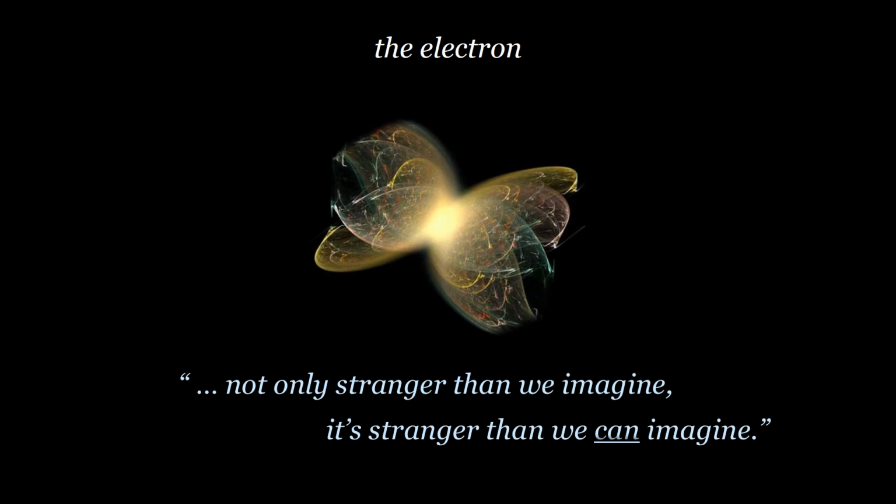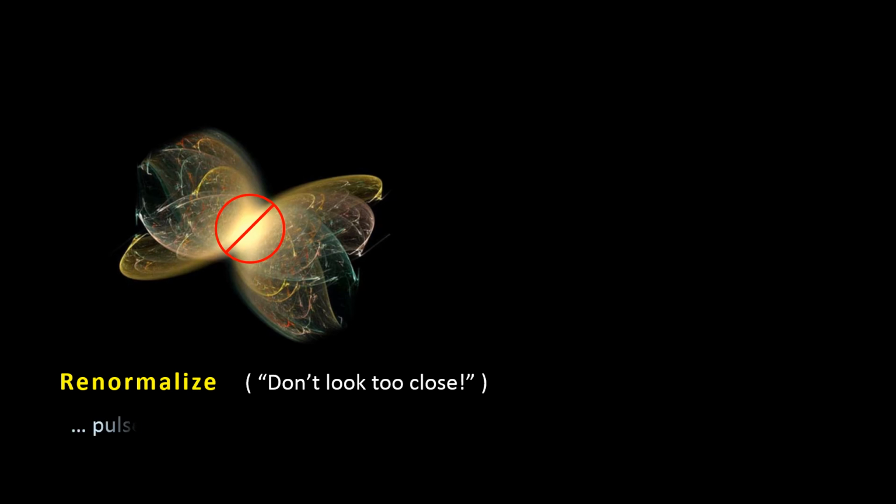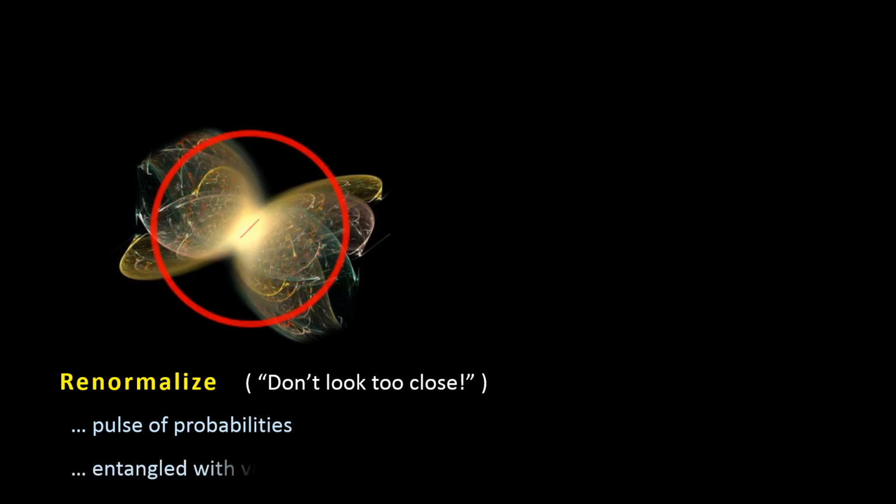The current standard view sees the electron as a so-called point of charge. But this standard view comes with a rule: renormalize, or don't look too close. In this scheme, reality itself gets slippery. The electron becomes a pulse of probabilities somehow entangled with virtual echoes of itself.